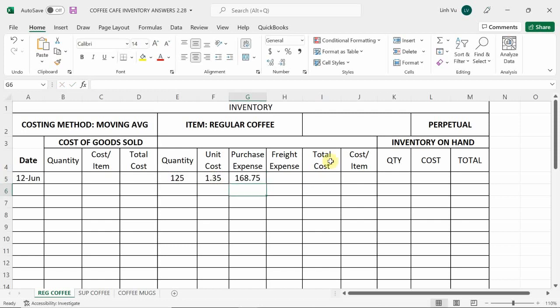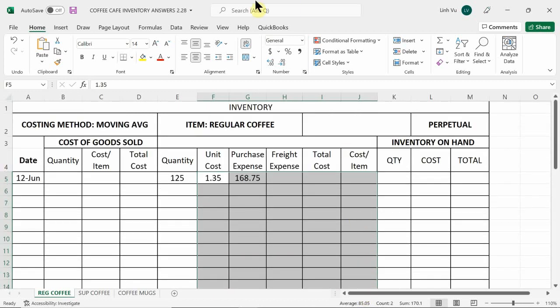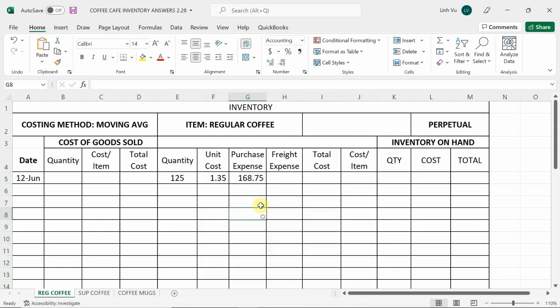It's $168.75. Now in this case, where do I have freight for this transaction? I'm going to tell you this now: not yet, but you will. So in this case, I'm going to stop here because I don't have freight, so I can't continue on.